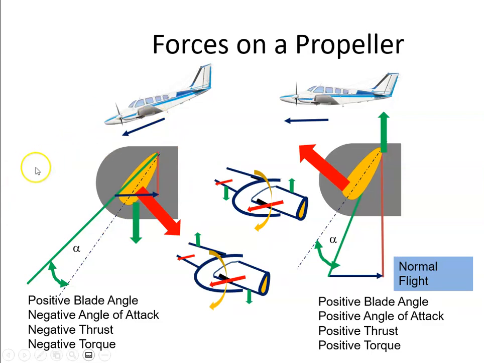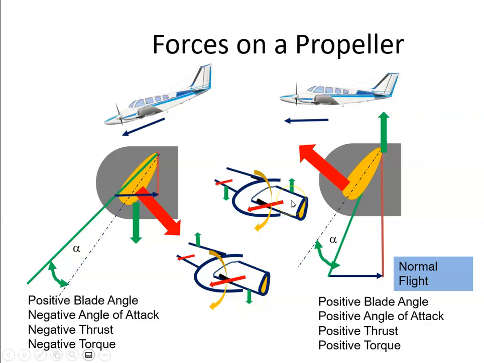Now, when the wind is flowing through the propeller, it's causing it to rotate. Now we want to keep the propeller rotating in the same direction. So when the wind moves through the propeller, it's getting the propeller to rotate in this direction. And it can only do that by having a torque in this direction. So this torque is the wind causing the propeller to rotate the engine.